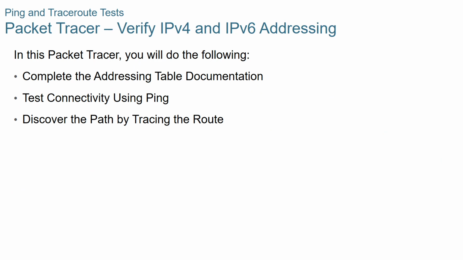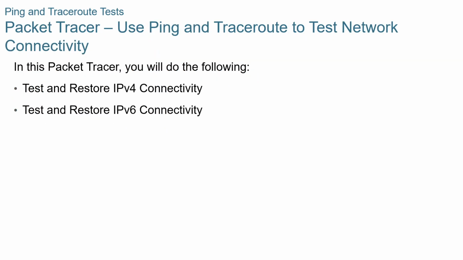So again, we have a little Packet Tracer exercise which you need to do. Verify IP version 4 and IP version 6 addressing. It allows you to complete the addressing table documentation, test connectivity using ping, and discover the path by tracing the route. We also have a Packet Tracer exercise on using ping and Traceroute to test network connectivity.